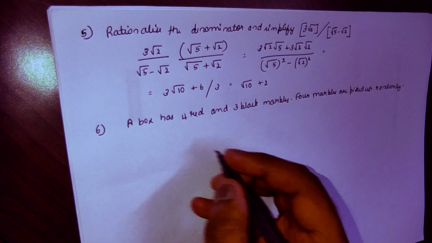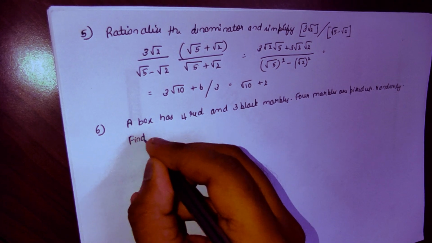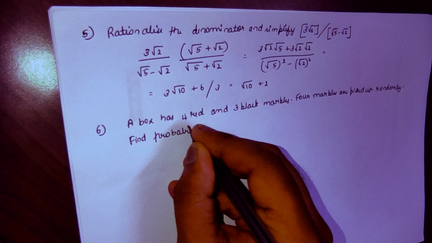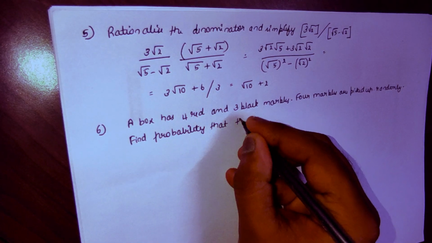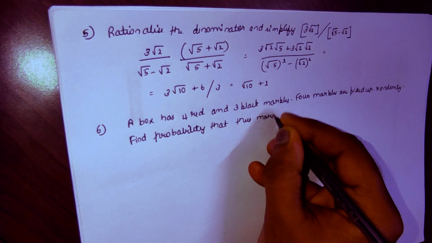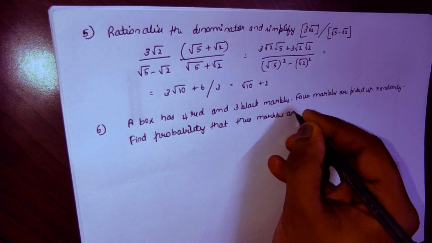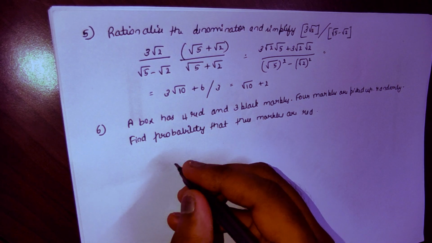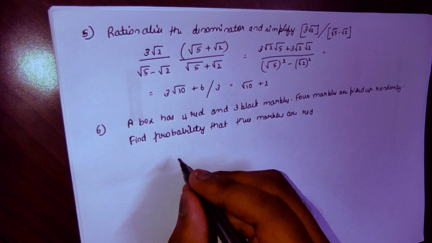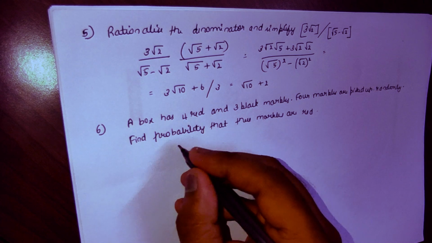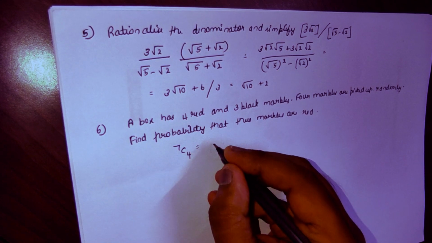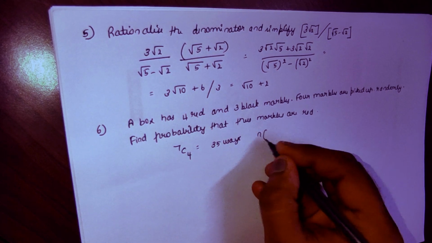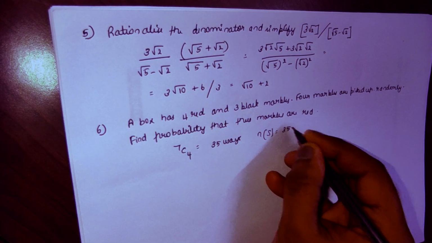Find the probability that these marbles are red. So there are a total of 7 marbles. Out of those, 4 marbles can be picked in 7C4 ways, that is 35 ways. The total sample space is equal to 35.